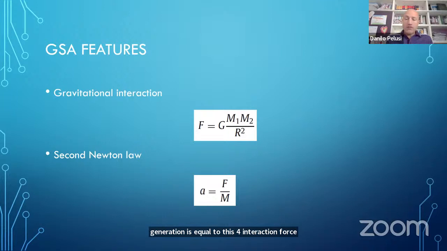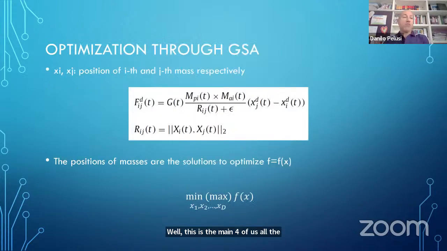Well, these are the main formulas of GSA, but the model presents these formulas where F_ij is the interaction between two masses Mi, Mj, and it's very important to consider that the solution of our problem is the position of the masses.